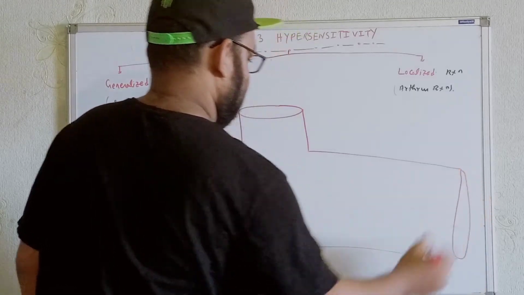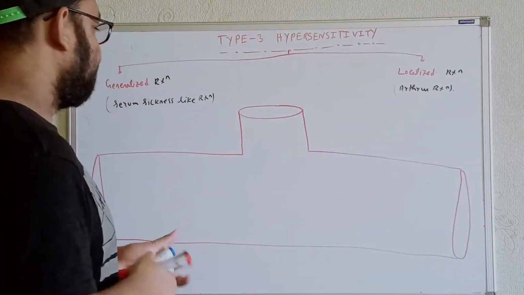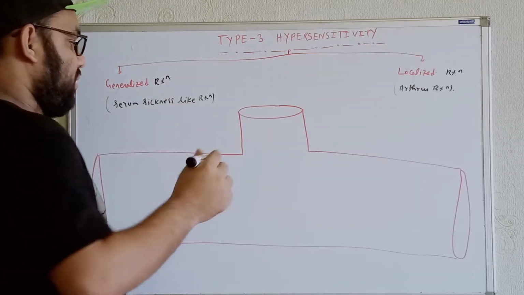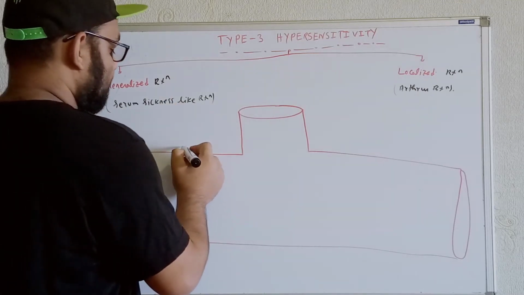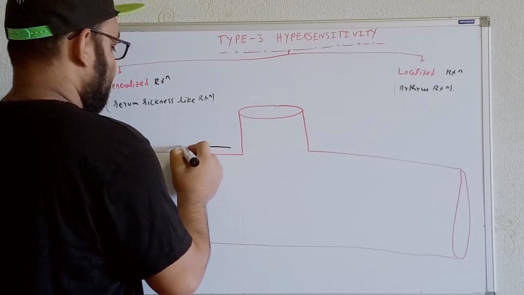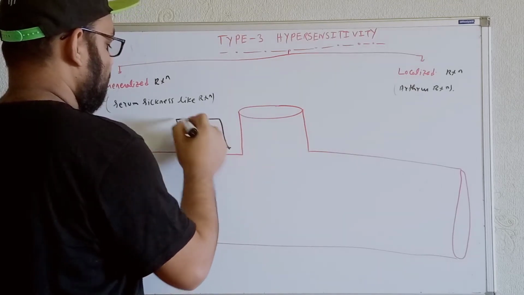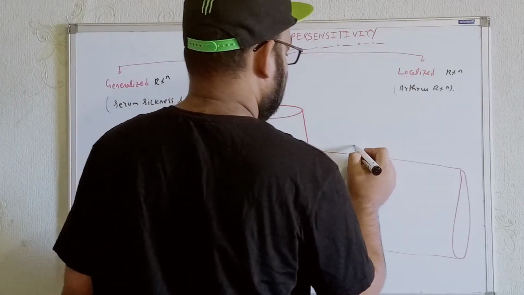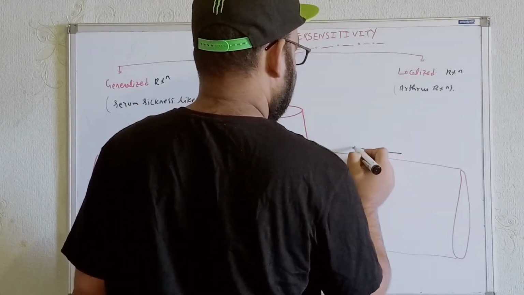Now try to understand from here that I will draw two more things to understand this part. I will draw here the immune headquarters, and I will draw the bone marrow house over here. It's the bone marrow house.